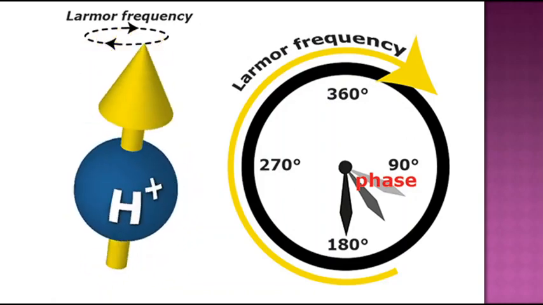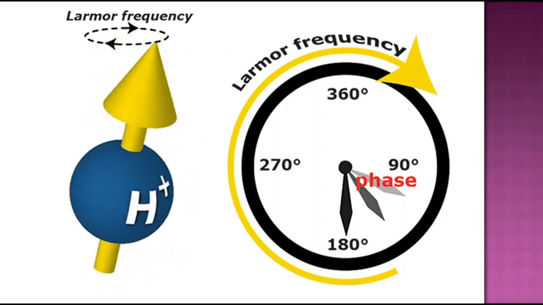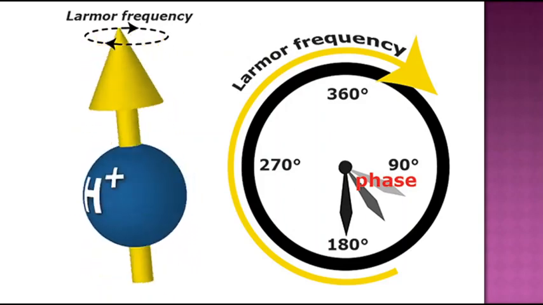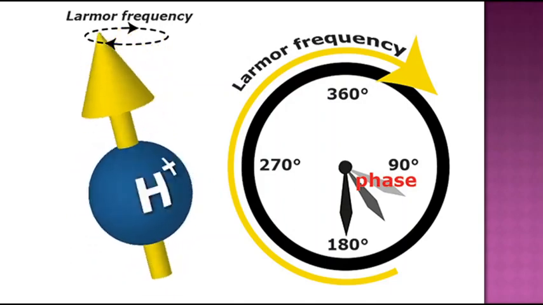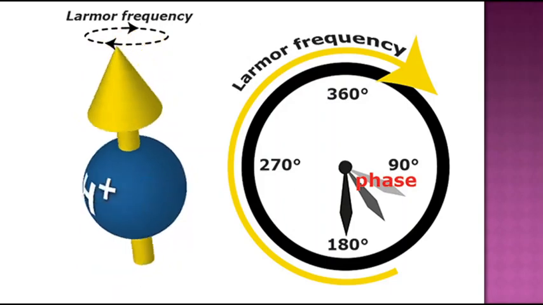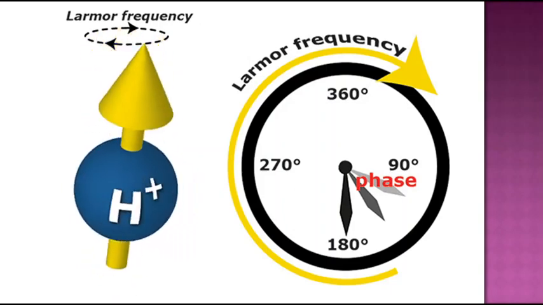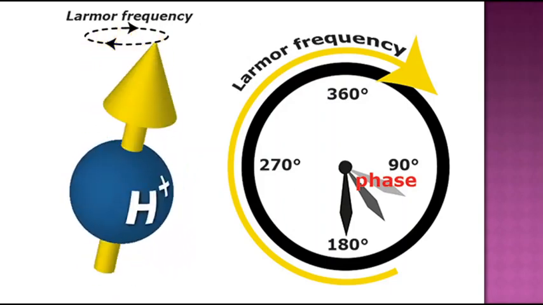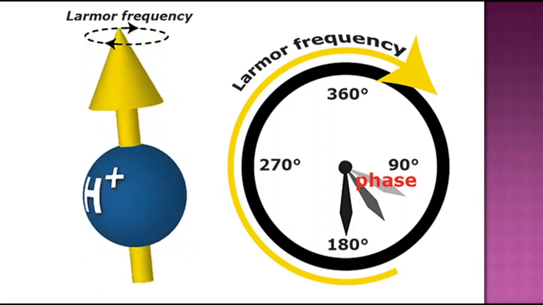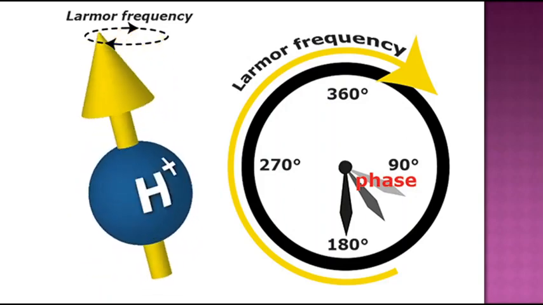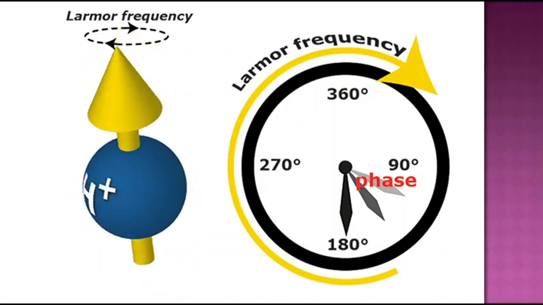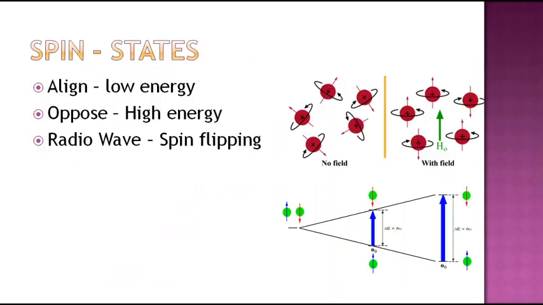If the magnetic field is applied along the z-axis, for example, all the protons will be aligned along the z-axis, either aligned with the magnetic field or opposing the magnetic field, that's different, but all of them will be along the z-axis, right? This is called Larmor precession.